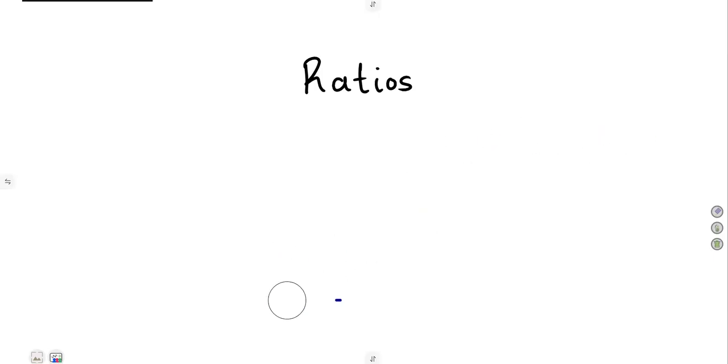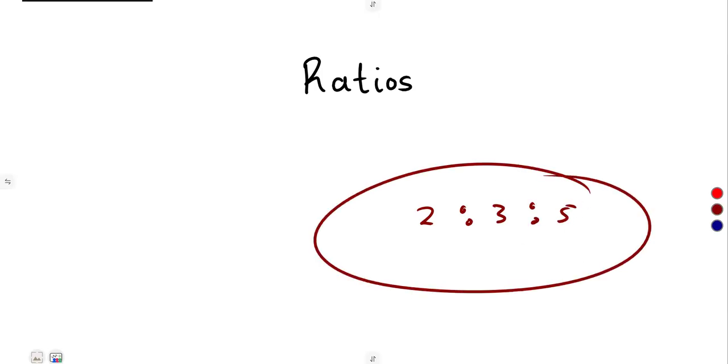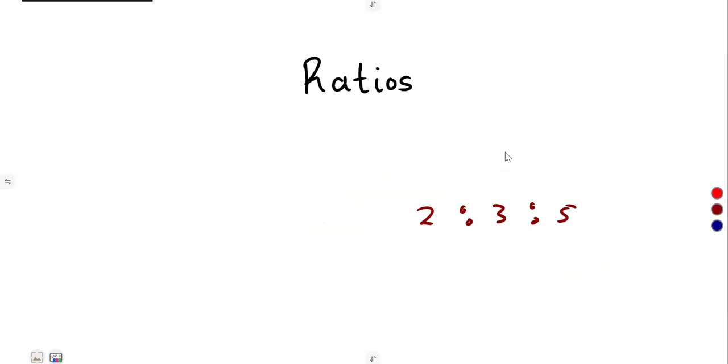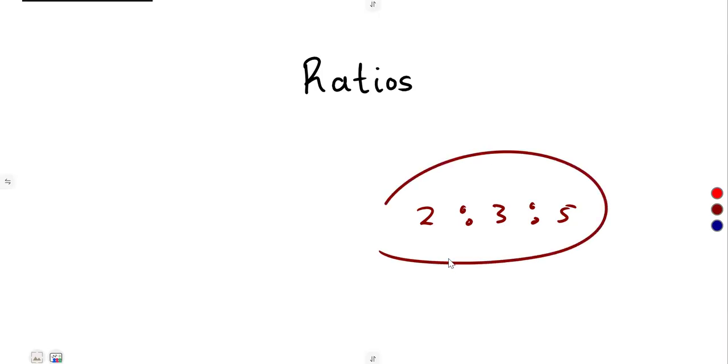Comparing two or more, it can be 2 as to 3 as to 5. There are three of them sharing a certain amount of money, or maybe whatever they're sharing, it's from the three people that are presented.